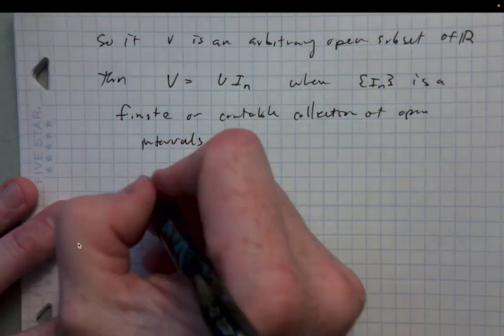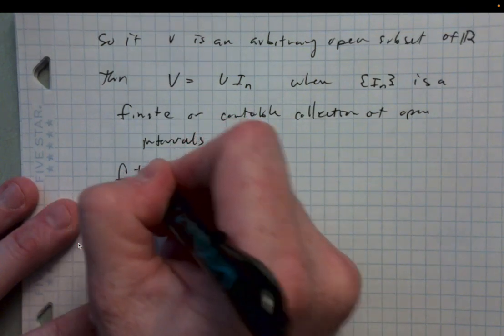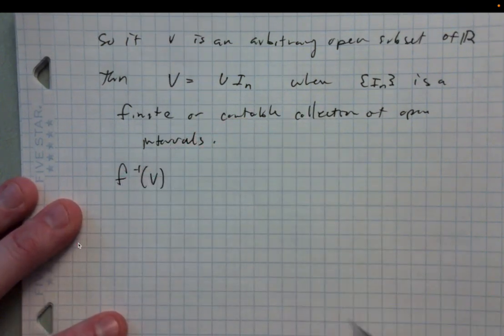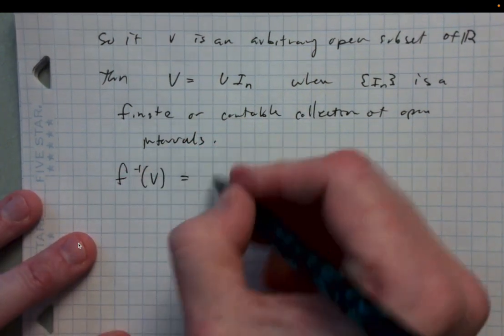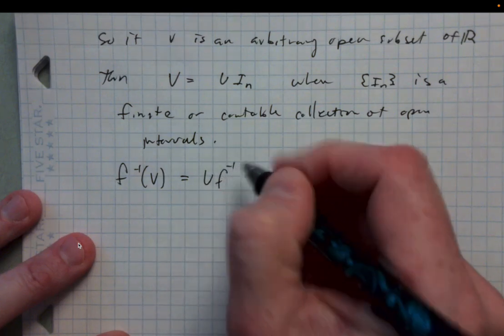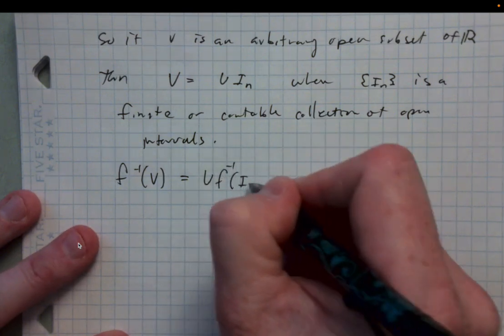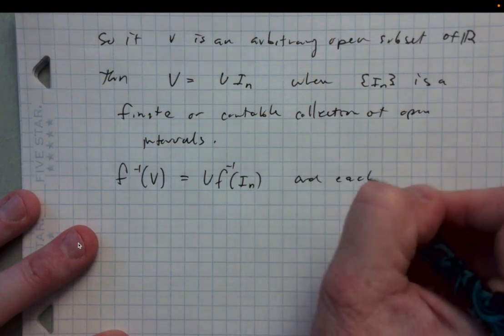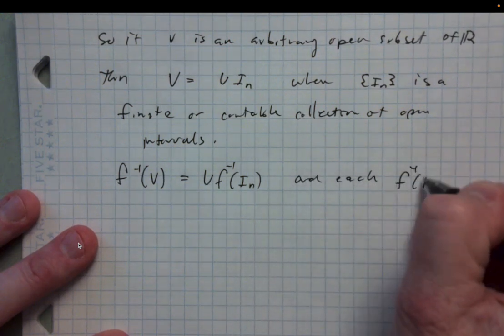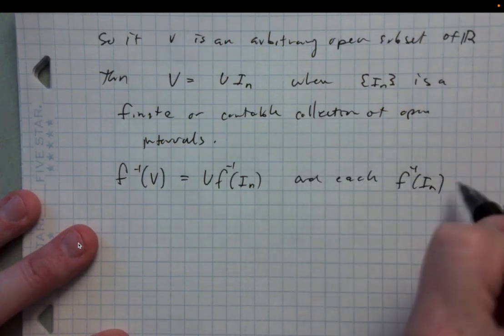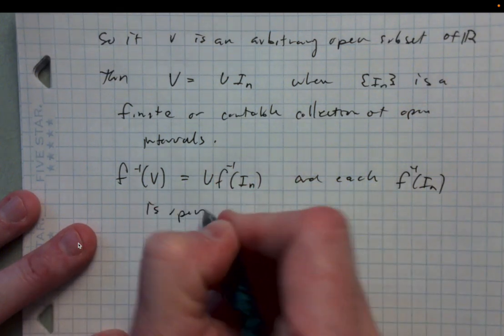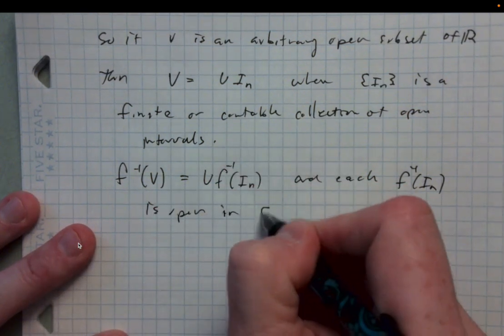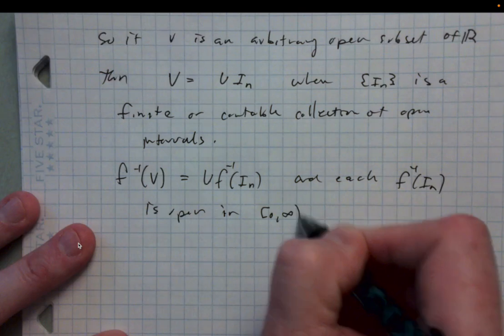Okay, and we know that the inverse of V, this thing here, would then be equal to the union of the inverse of those open intervals. And each f inverse of the interval, for fixed n, is open in (0, infinity), right?